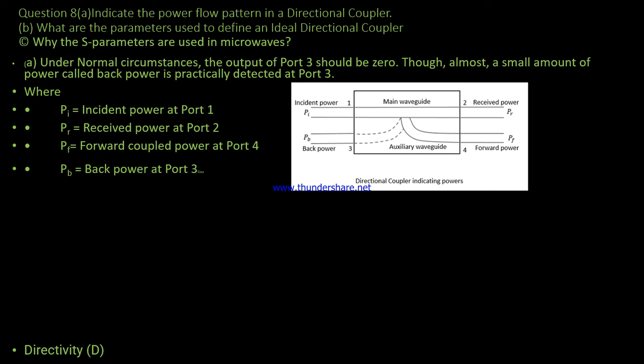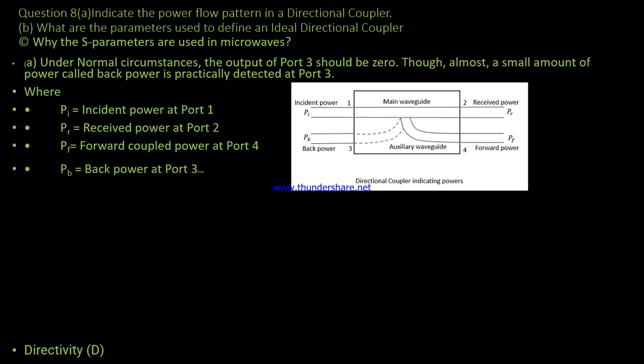The A aspect, for us to indicate the power flow pattern in a directional coupler, as we have seen in the previous question, where we have the main waveguide and the auxiliary waveguide. That is, we have port 1 to be the incident power. At port 2, we have the received power.